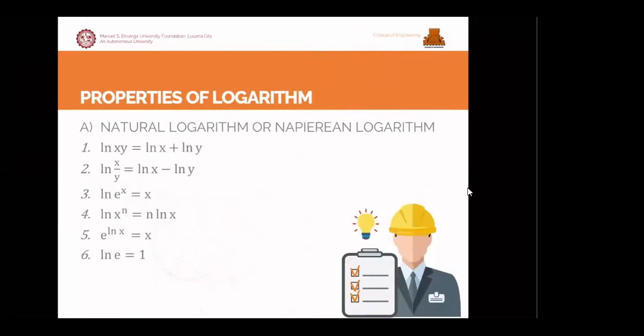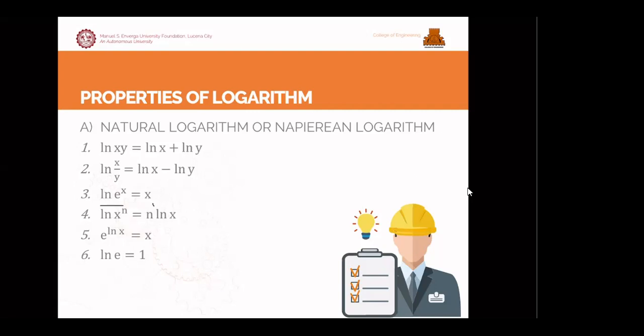Natural logarithm, almost the same concept. So yung sa Napier logarithm. Ang kaibahan is kapag meron tayong ito. If we put a natural logarithm dun sa exponential natin na function, yung kung ano yung naka-raise sa exponential function natin, yun yung magiging answer natin. Okay?